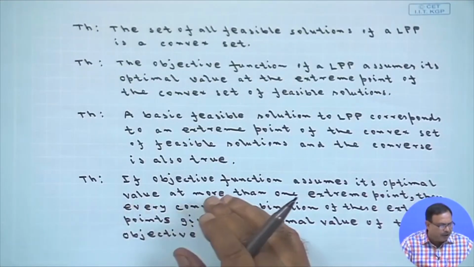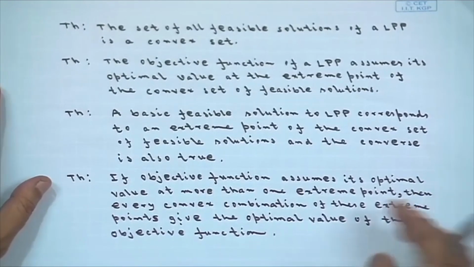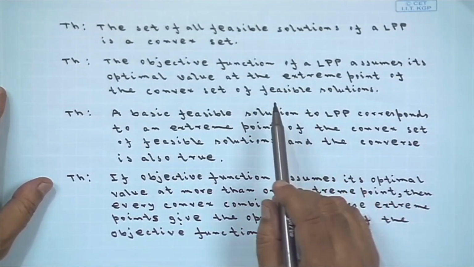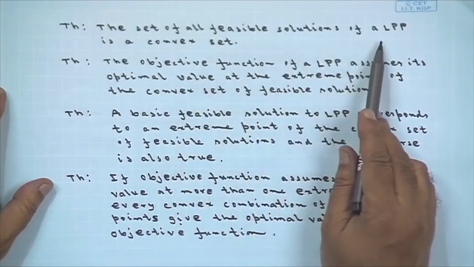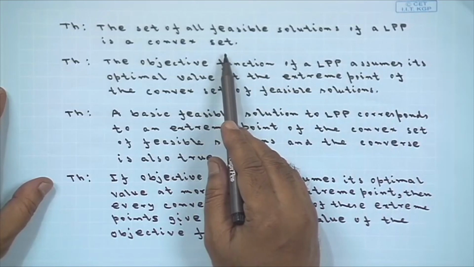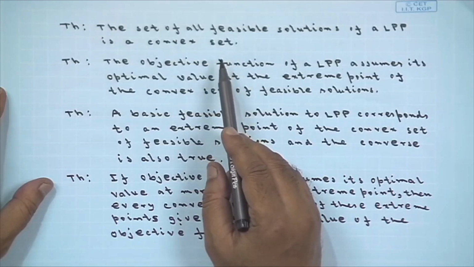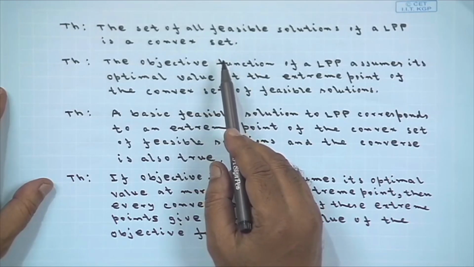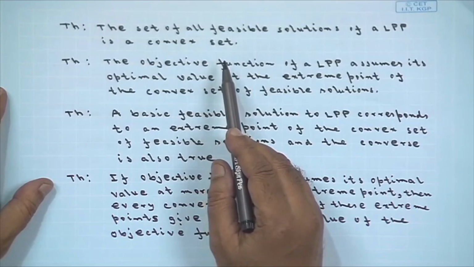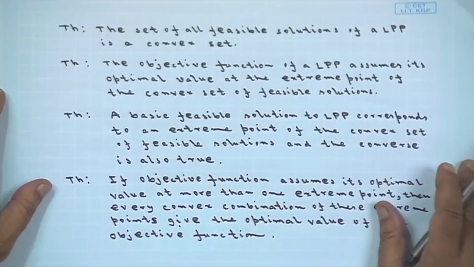Some other related theories are also there. Number 1: the set of all feasible solutions of an LPP is a convex set. So, this proves that if I have formulated a linear programming problem where the objective function and constraints are linear and they satisfy the other assumptions of LPP, then the feasible solutions will form a convex set.